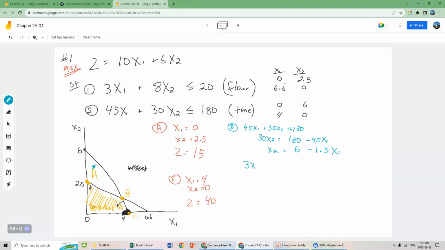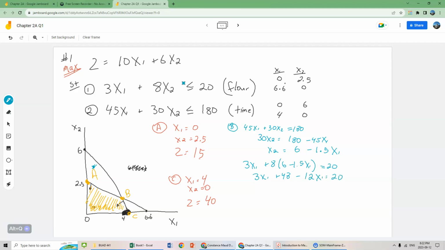So 3x1 plus 8x2, where 8x2 equals now 48 minus 12x1, and that on the boundary is equal to 20. So in this case we have 3x1 plus 48 minus 12x1 equals 20.